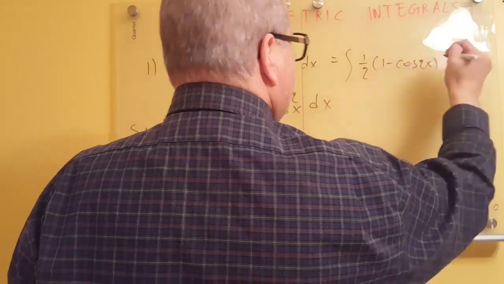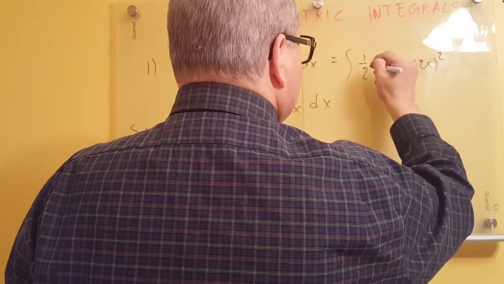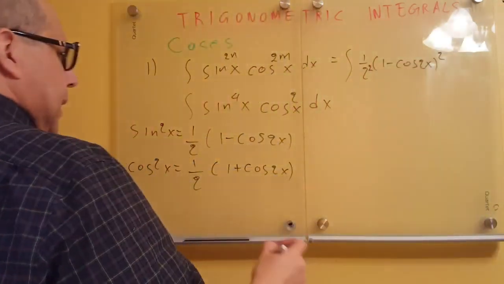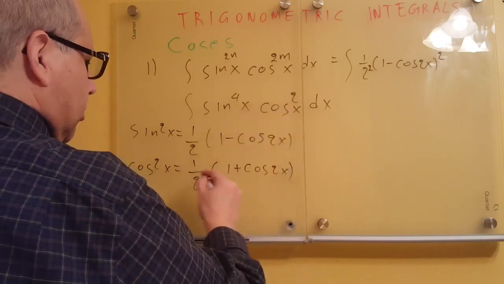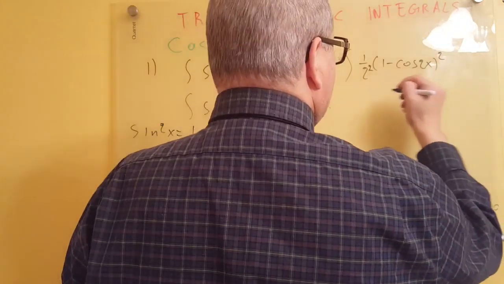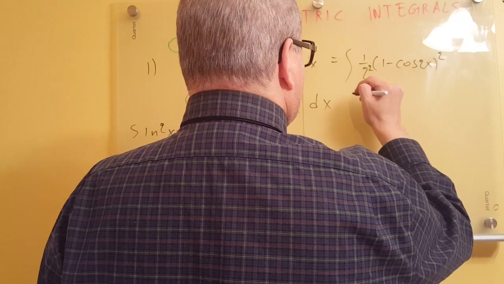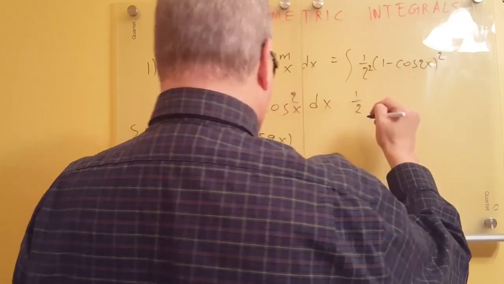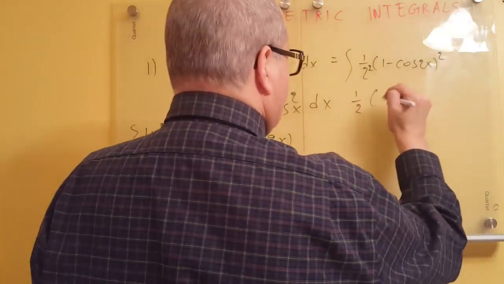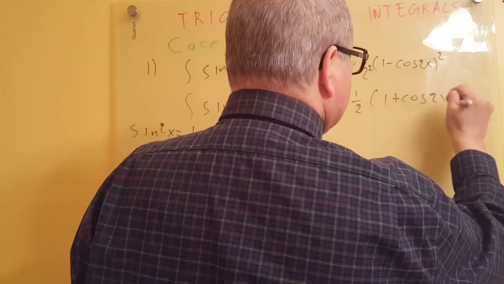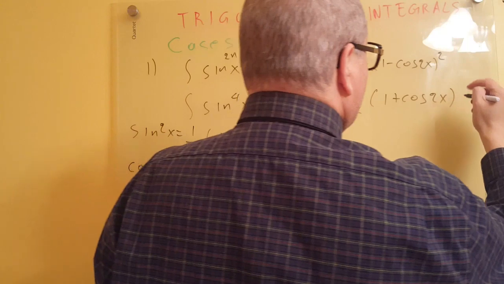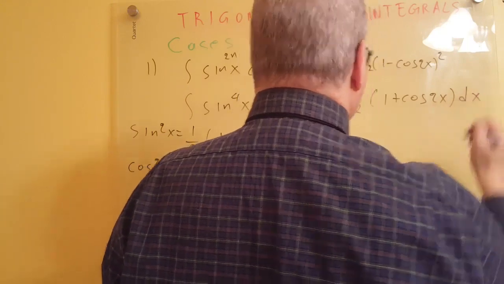You put a square here, and of course a square here, and then the cos square x, we just substitute from here. So that should be times 1/2 (1 plus cos 2x), and of course with respect to dx.